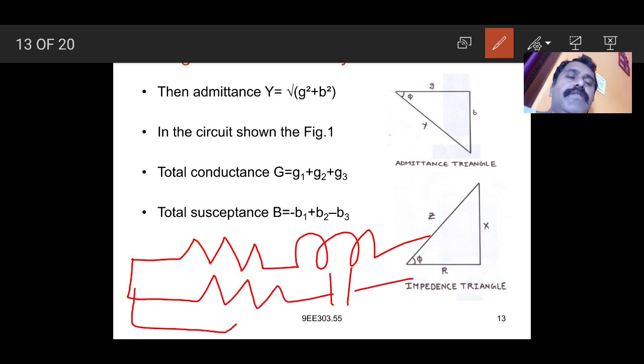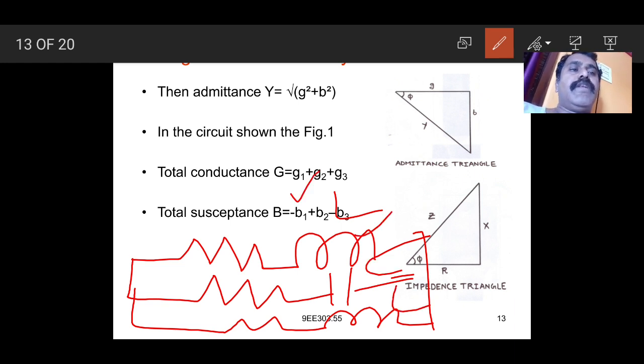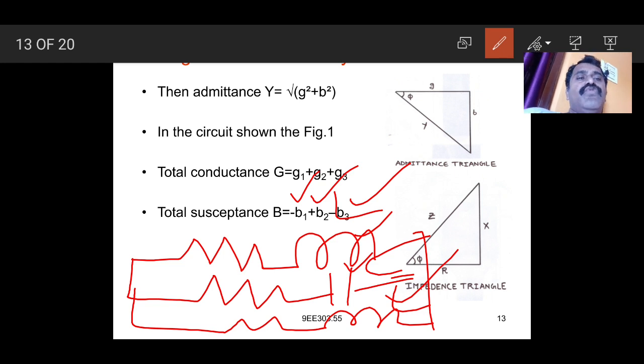In the third branch, a resistance and an inductance are connected. So inductance, capacitance, inductance: first minus B1 because the inductance is connected, plus B2 because the capacitance is connected, minus B3 because again the inductance is connected. So total susceptance B is equal to minus B1, L1 connected in the first branch, plus B2, C connected in the second branch, minus B3, L3 connected in the third branch.